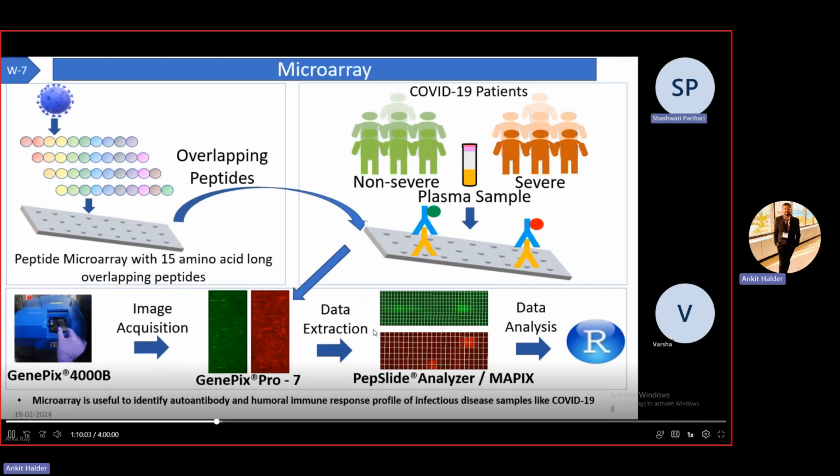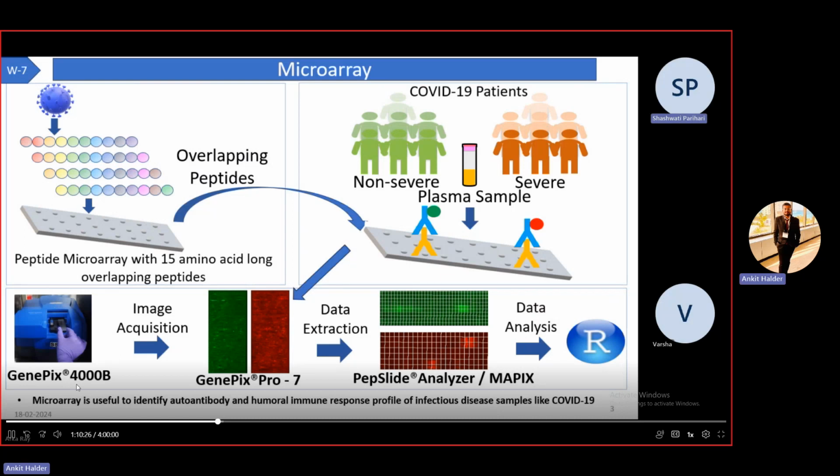I will also show you that. Then we analyzed two samples, severe and non-severe, and finally, after interaction with the biological samples, this is the GenePix scanner that you already got the idea of from the lab.